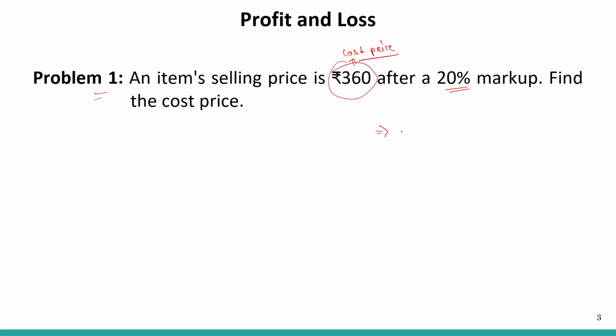This implies there is a hike in price, right? So this implies new price will be CP, that is the cost price, plus markup price.